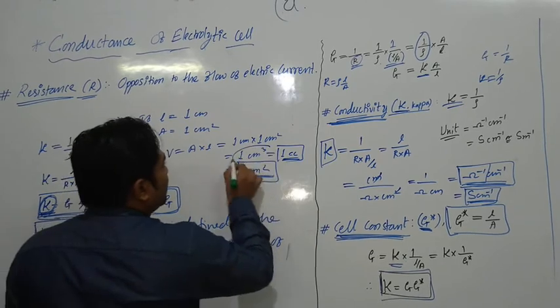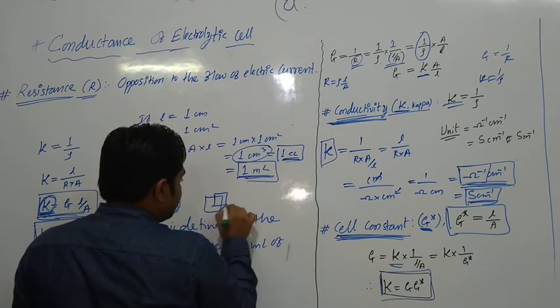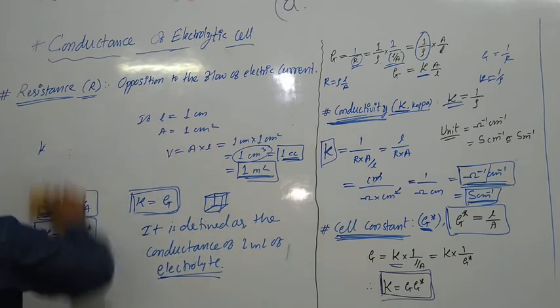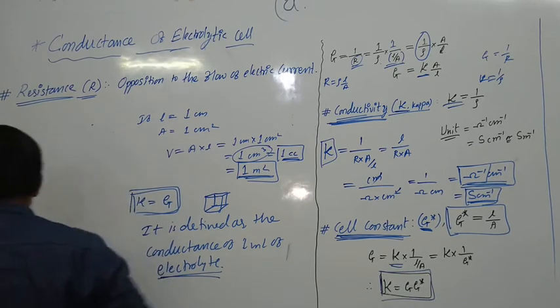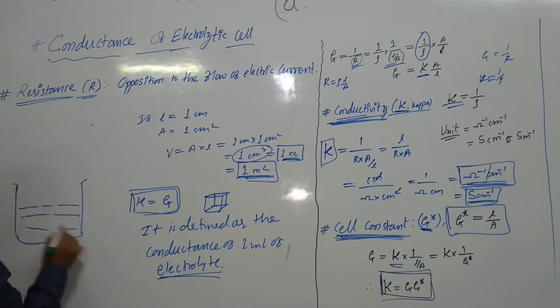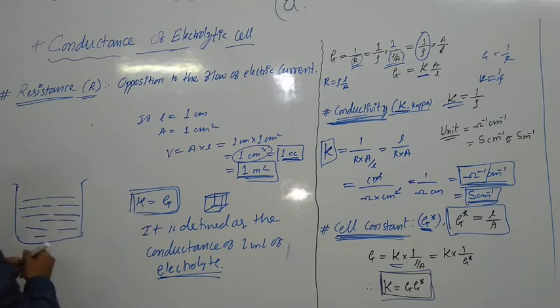So 1 cubic centimeter, how can we write it? You can consider a cube like this. Further, you can understand more deeply. If I take the electrolytic cell, this is the solution in the electrolytic cell. I will consider 1 cubic centimeter volume of the solution.